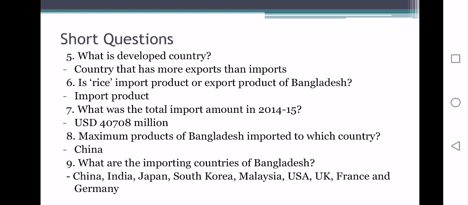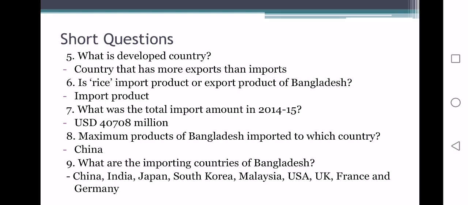Question number 7. What was the total import amount in 2014 and 15? And the answer will be, Bangladesh has imported in 2014 and 15 about 40,700 million US dollar.